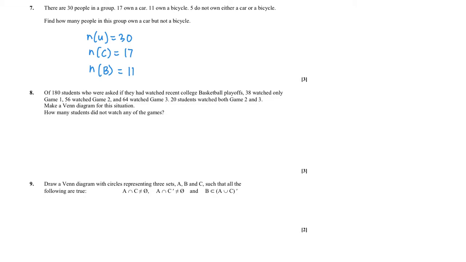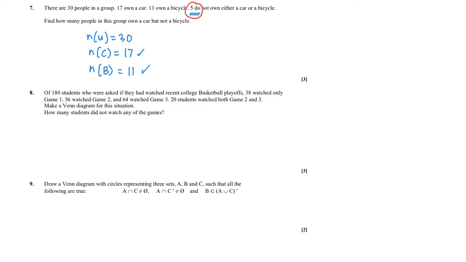We actually couldn't find it from here, because we have car, we have bicycle, and we have information about those who do not own anything, but we don't know who owns a car but not a bicycle. Okay, let's have a look. The ones that do not own anything seem not important, but when we want to draw a Venn diagram, this needs to be considered first.